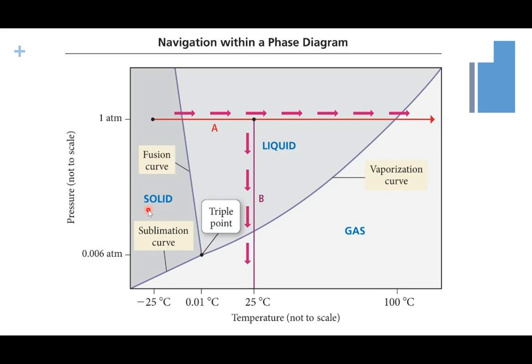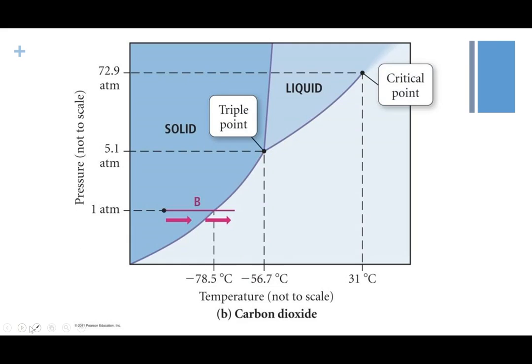Okay. Before we dive into an example, I just want to look at the phase diagram for carbon dioxide, because I think it's kind of a fun way to tie in what we observe and then what we are learning. So if you think about carbon dioxide, if you've ever experienced dry ice, and if you haven't, we will get to it in lab in a few weeks, so you'll get to see dry ice firsthand.